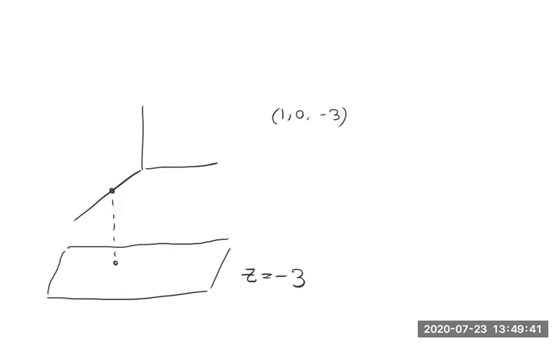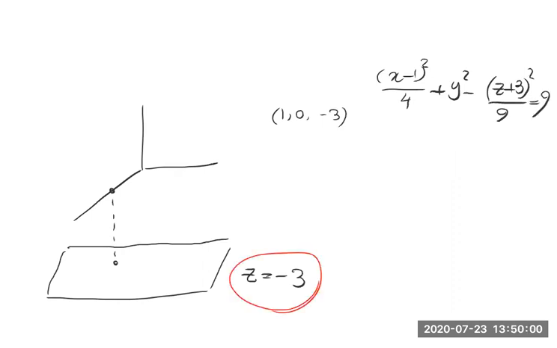If z is -3, we get (x minus 1) squared over 4 plus y squared minus (z plus 3) squared over 9 equals 9. Now, if z is -3, z plus 3 would be 0, so this term would disappear.